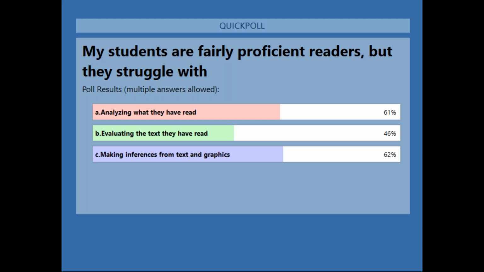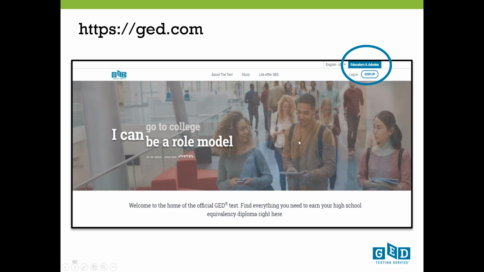It looks like as we're moving into the future, we're going to be doing some more things with making inferences and also analyzing the text that we have. So if there are any other questions or concerns, we'll certainly be glad to answer those as we're going through.